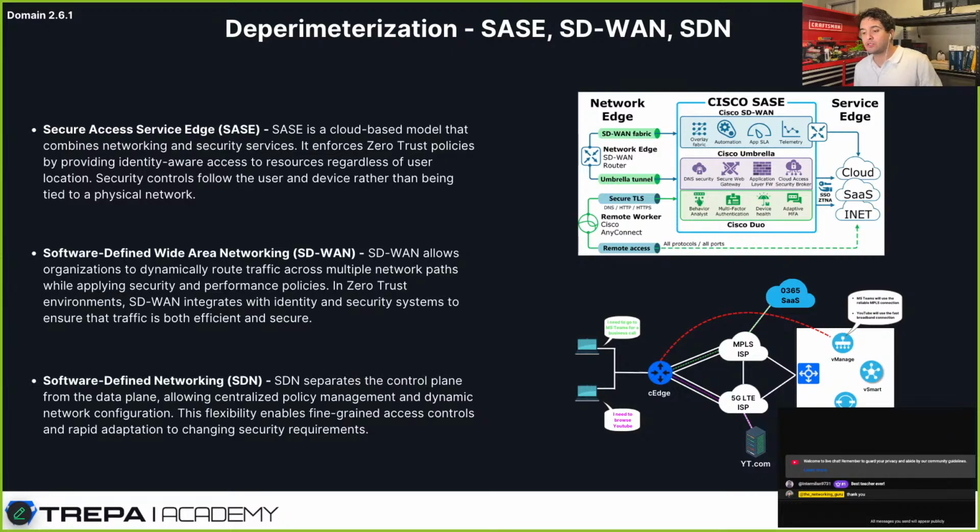So a Secure Access Service Edge, SASE, is a cloud-based model that combines networking and security services. So it pretty much does all those advanced security things: user behavior analysis, enabling AI and machine learning to do data loss prevention and intrusion prevention. It's a VPN concentrator. It allows remote access workers, all those advanced security techniques. Then it also does SD-WAN, allows you to do bandwidth management, application service level agreements, and gather telemetry.